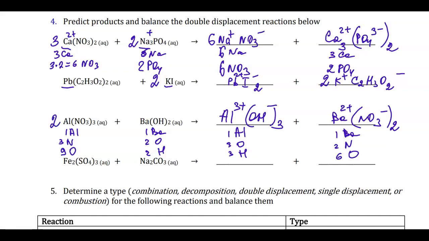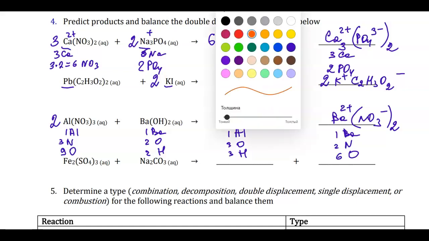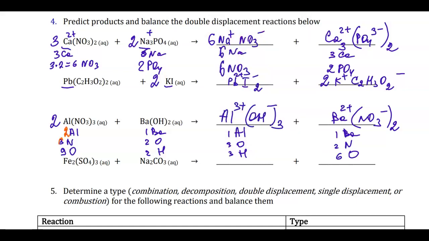That gives us another 2, 6, and 18 oxygen, right? But here, just 1 aluminum. We need 2 aluminum atoms here, at coefficient 2. Gives us 6 oxygen and 6 hydrogen, right?